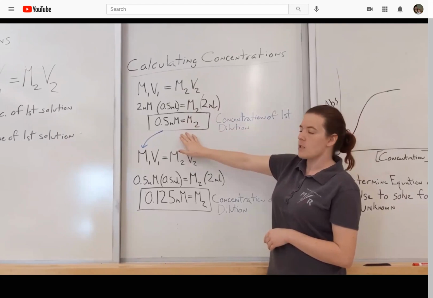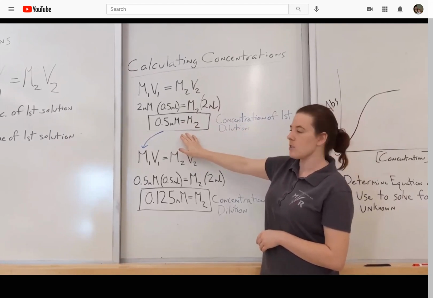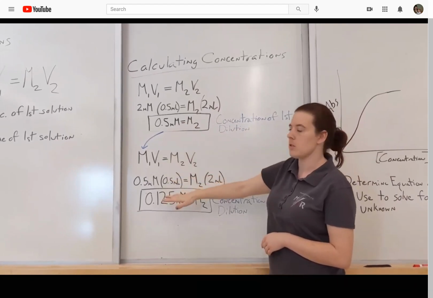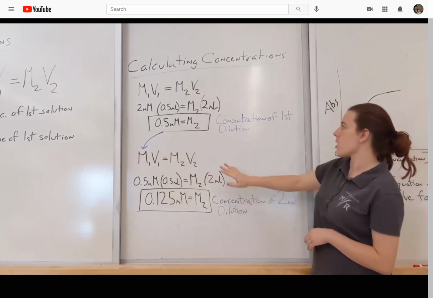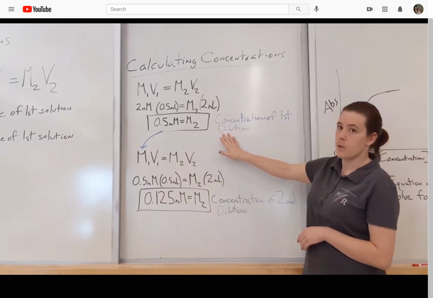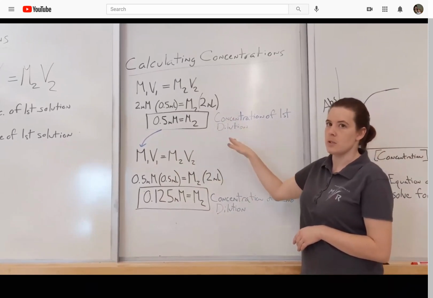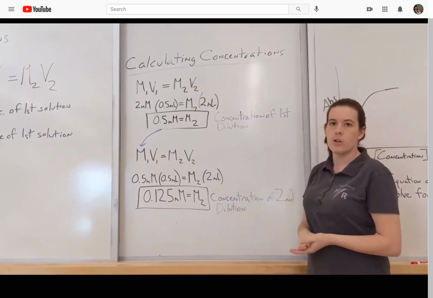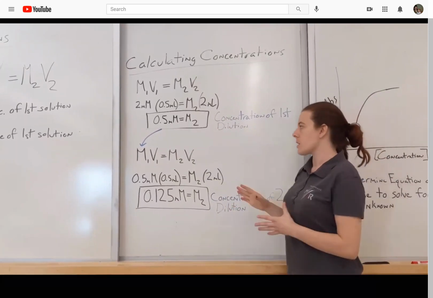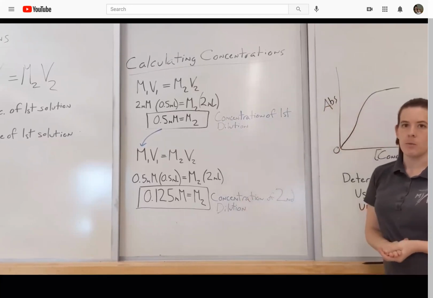This value is now going to be your starting concentration in your next dilution. So when you go on to do the concentration of solution 2, you need to start with the concentration of the first dilution, not the original standard. You will go ahead and repeat that calculation for all 9 dilutions, and that's where those concentration numbers are coming from.